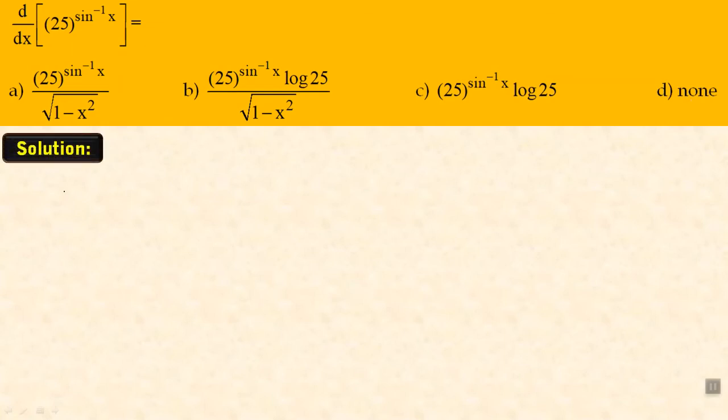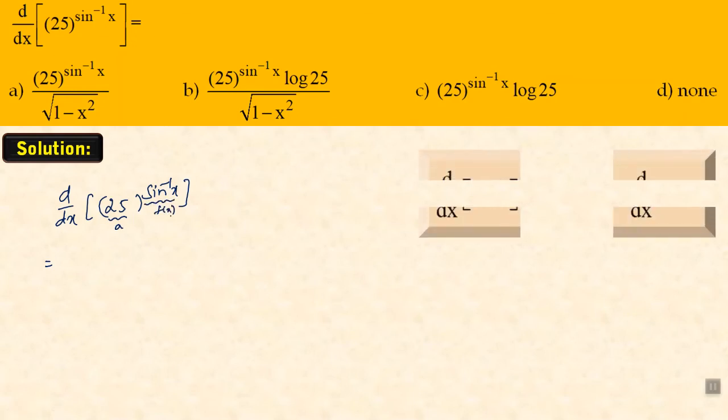Let us find this. D by dx of 25 whole power sin inverse x is equals to, here consider 25 as a, sin inverse x as f of x.